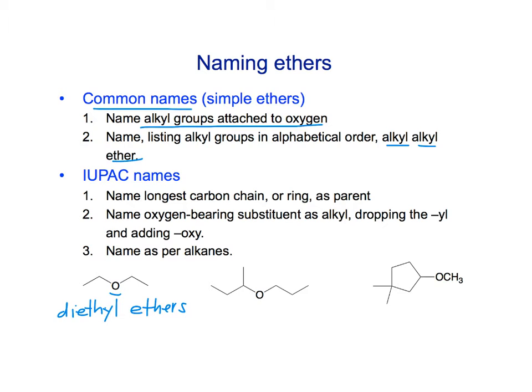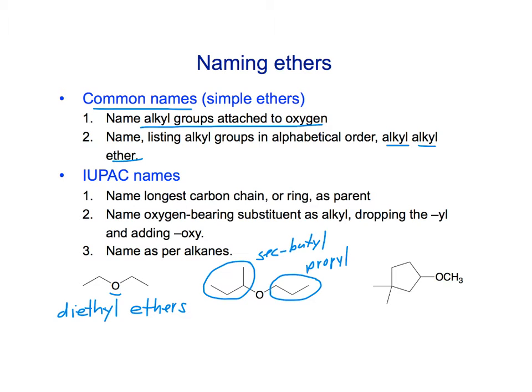The next one, we can see that we'll have an alkyl group here and an alkyl group here. The one on the left is a, what is that? That is a sec-butyl. And this is a propyl.